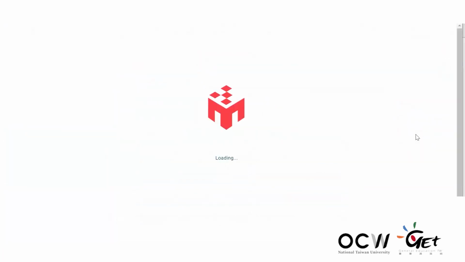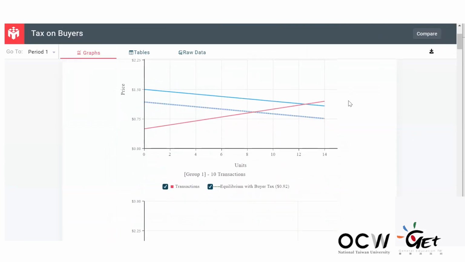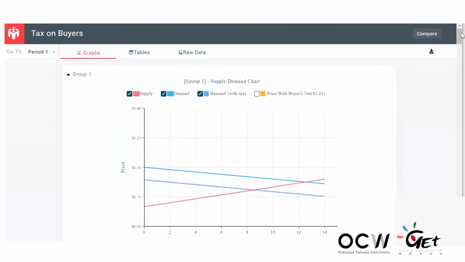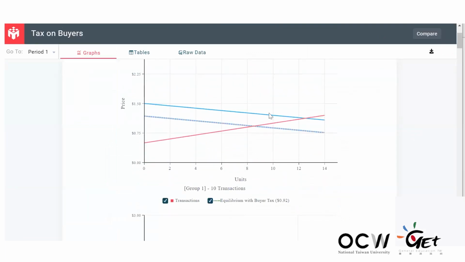Okay, so let's look at the results. This is round one. The key thing here is that initially buyers have a willingness to pay, but because now you need to pay the tax, your willingness to pay on the market will be lower.